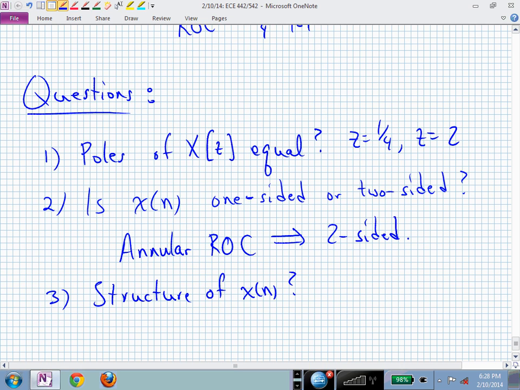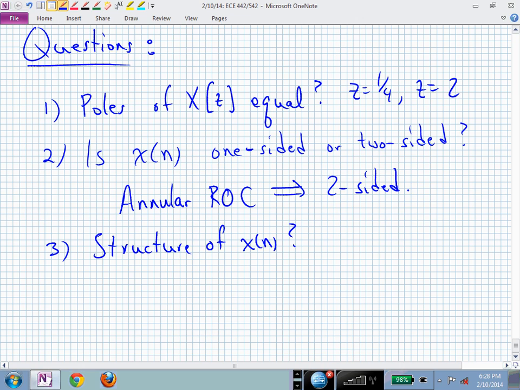And you can now, just by knowing the poles, help him quit pulling out his hair, right? It has a mode of 1/4 to the n and 2 to the n.